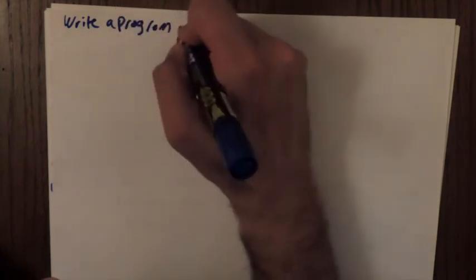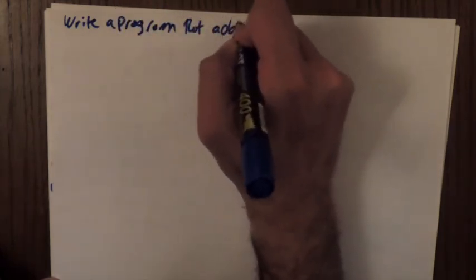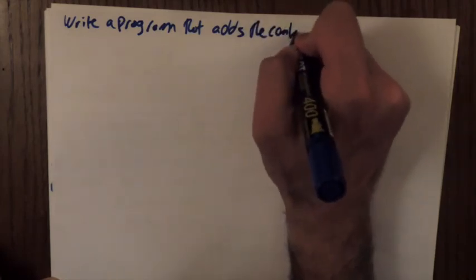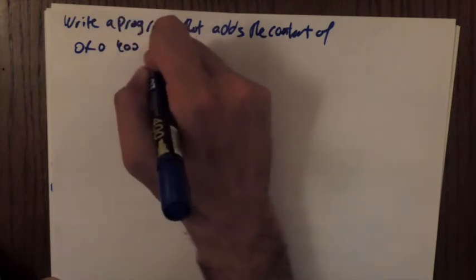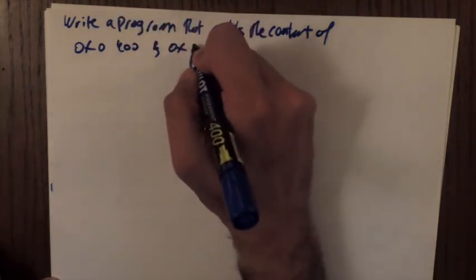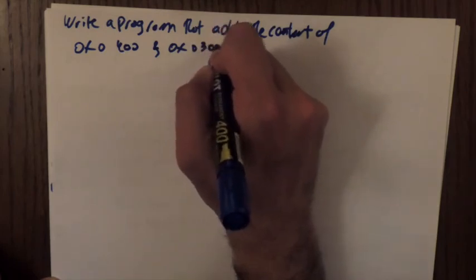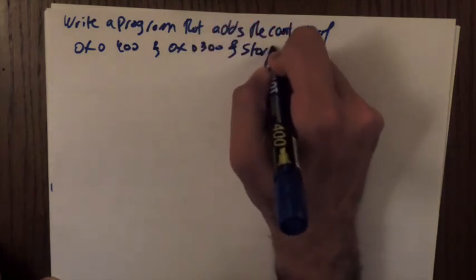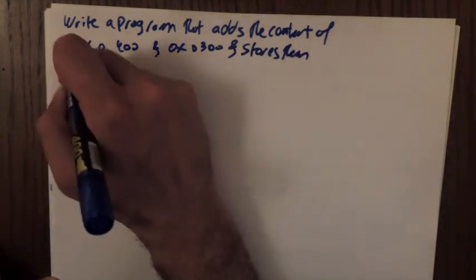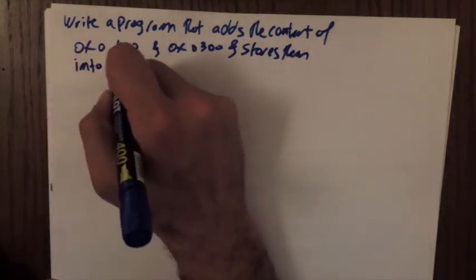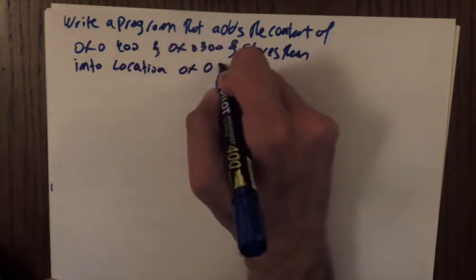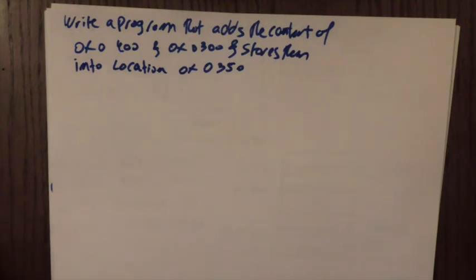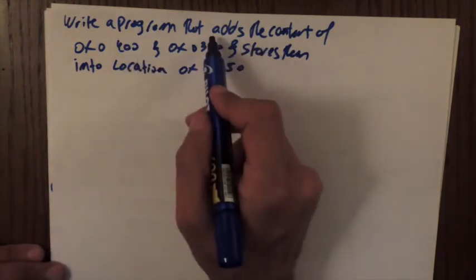Write a program that adds the content of 0x0400 and 0x0300 and stores the result into location 0x0350.